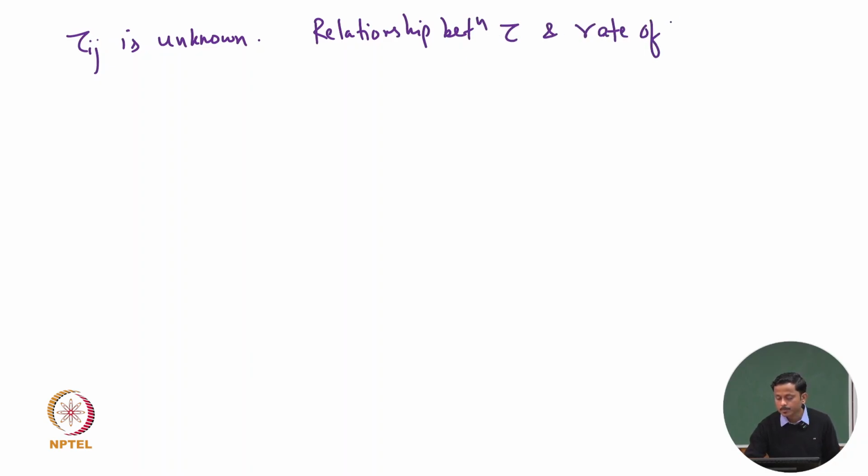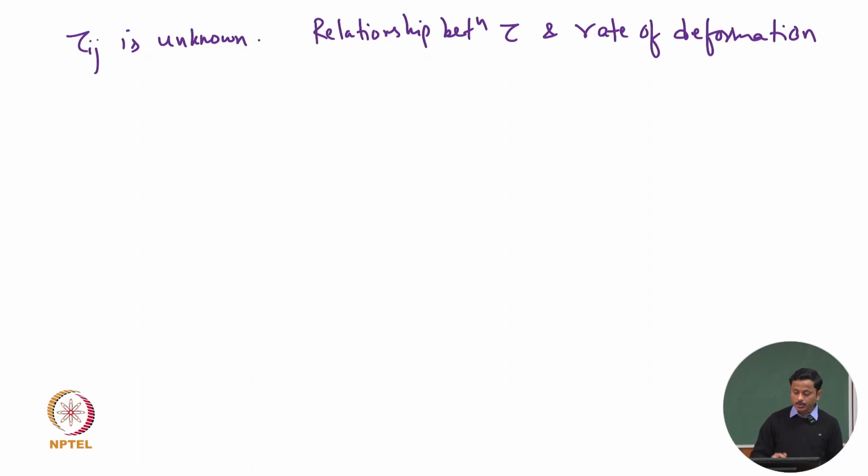is unknown, so we need to find a relationship between the stress and the rate of deformation, that is, the rate of deformation of the fluid element of the system.